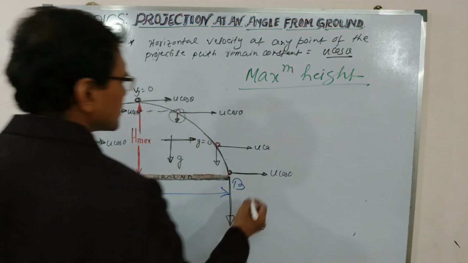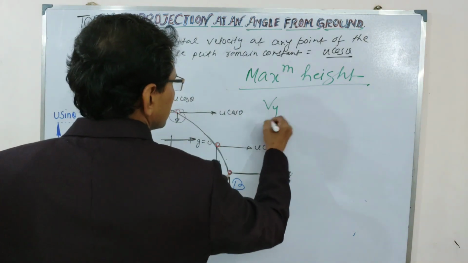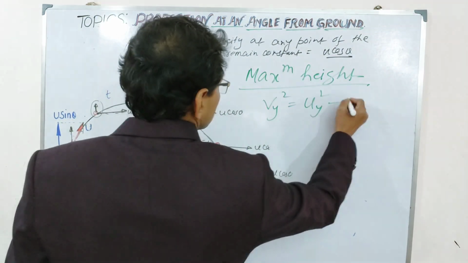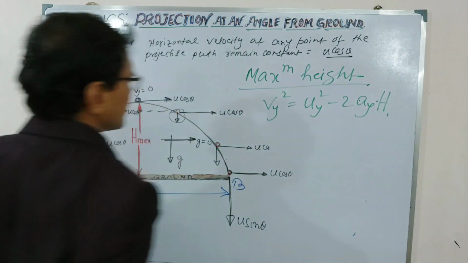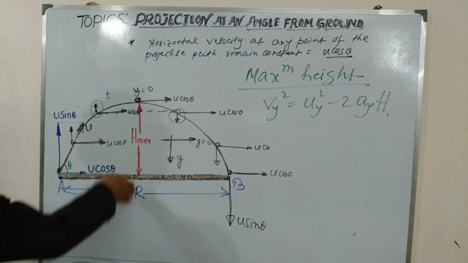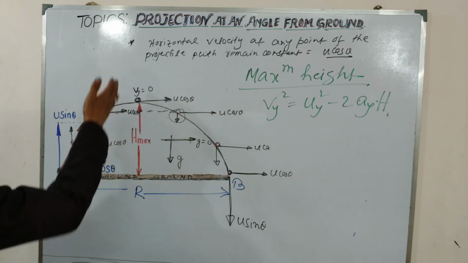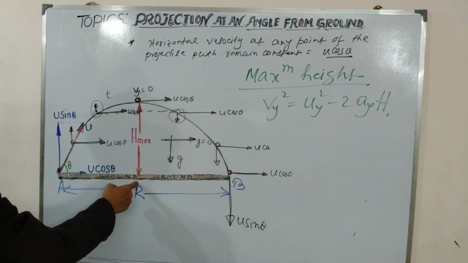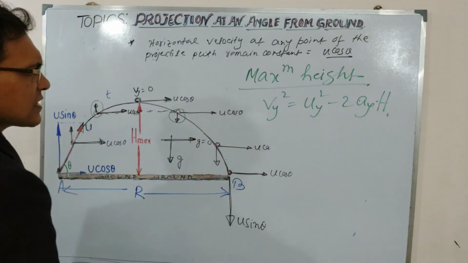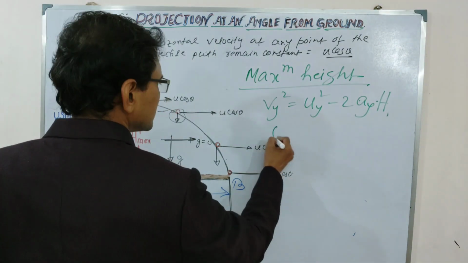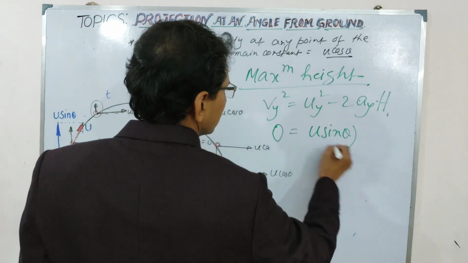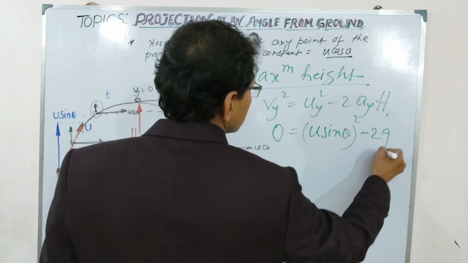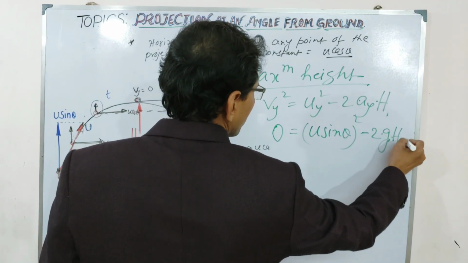Maximum height, so for that case we use h. Now for maximum height we consider the motion in vertical direction, because height is along the vertical direction. So Vy equal to 0 for maximum height, Uy equal to u sin theta, minus 2, this is g, and h is h maximum.